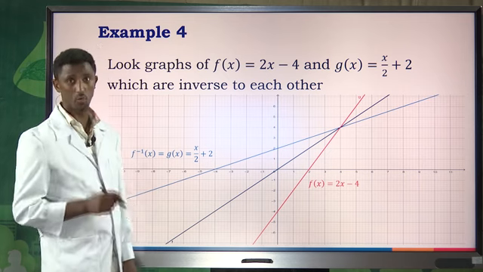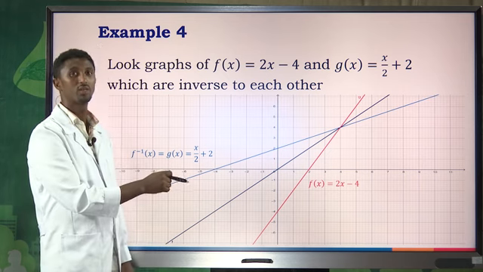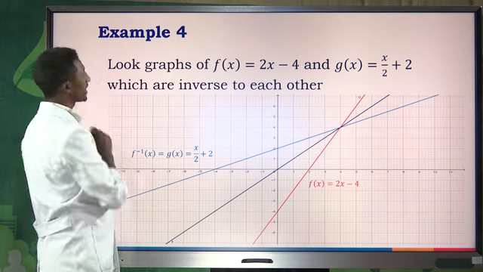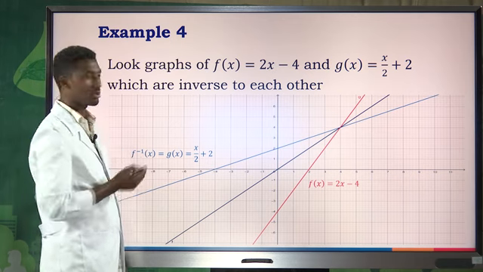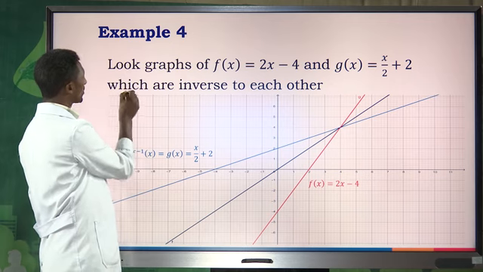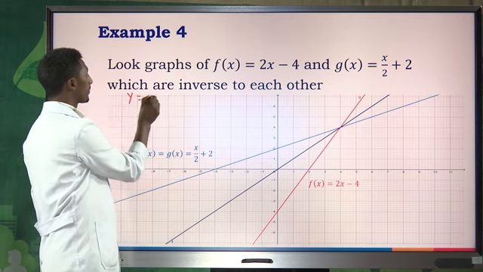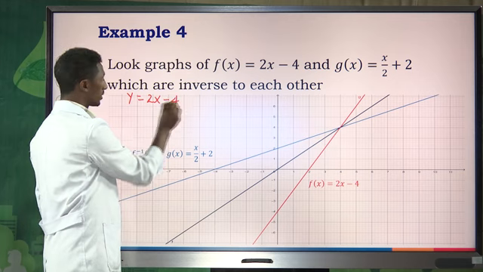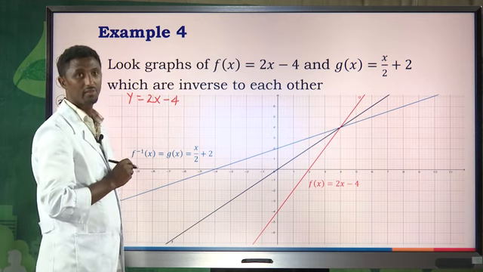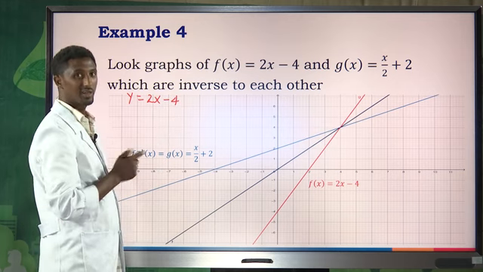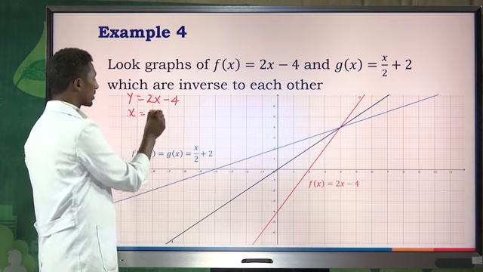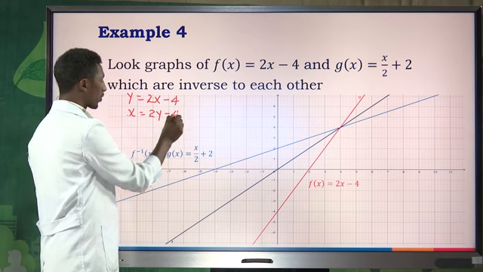In the same way, we can check whether these functions are inverse to each other or not. F of x, that's y equals 2x minus 4. To find the inverse of this function, let's interchange x and y. x equals 2y minus 4.